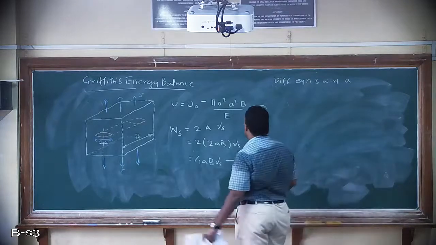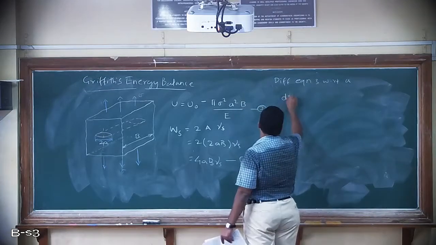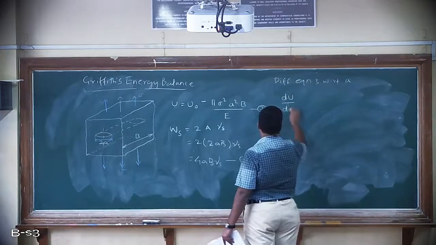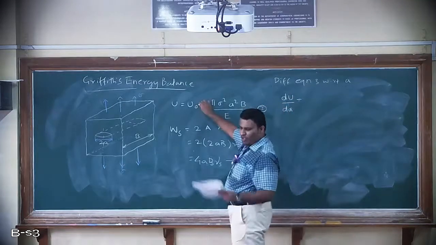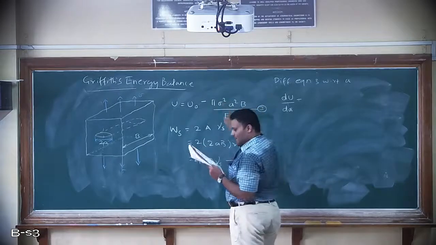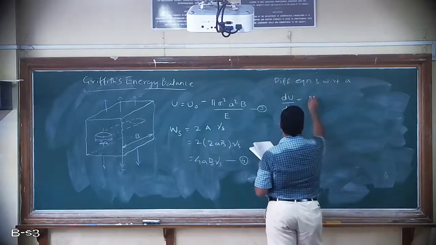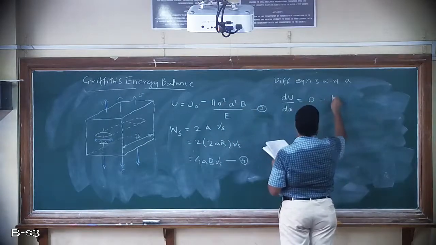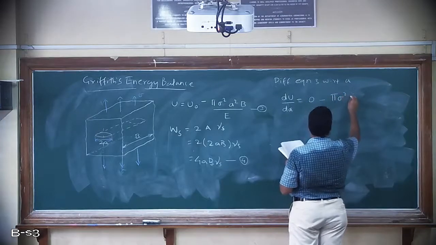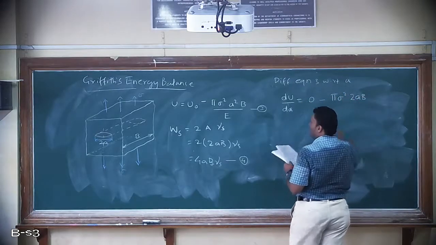So what do we get when we differentiate this? du by dA, u naught being the constant, will be 0, and this can be written as pi sigma square 2ab.